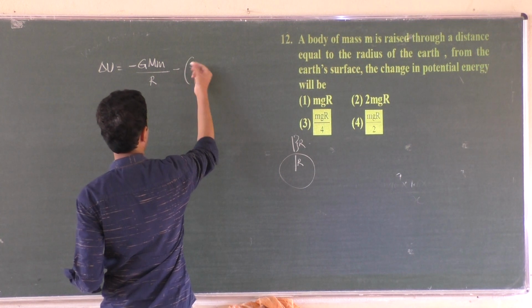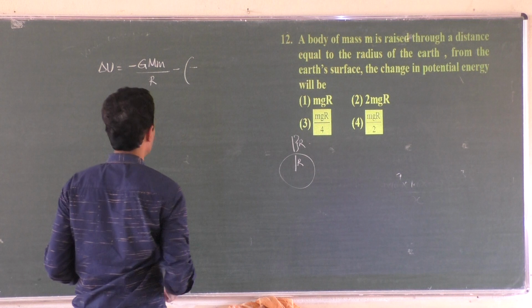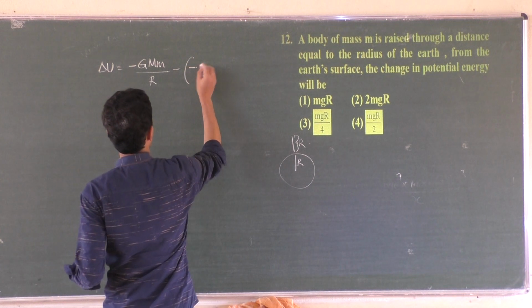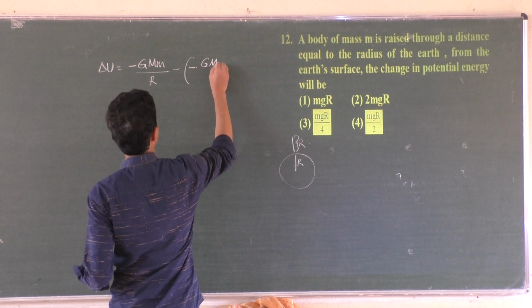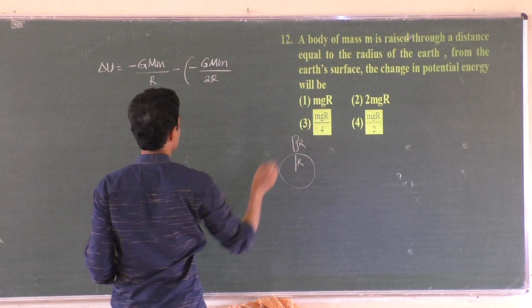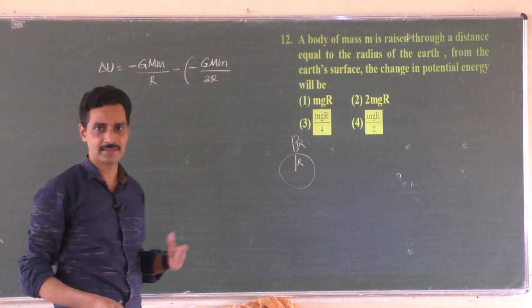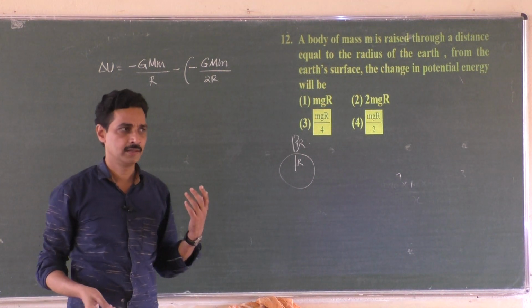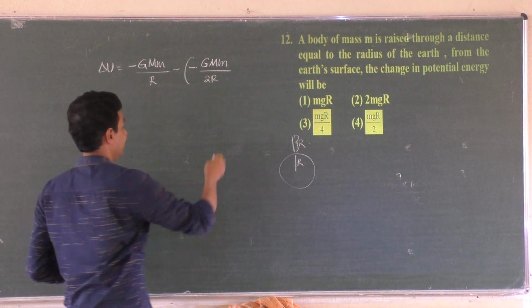I want to calculate the difference: minus of minus G M m by R plus R, 2R, because now the distance is 2R. Everything else has remained the same. Its mass and the mass of the earth remain the same.